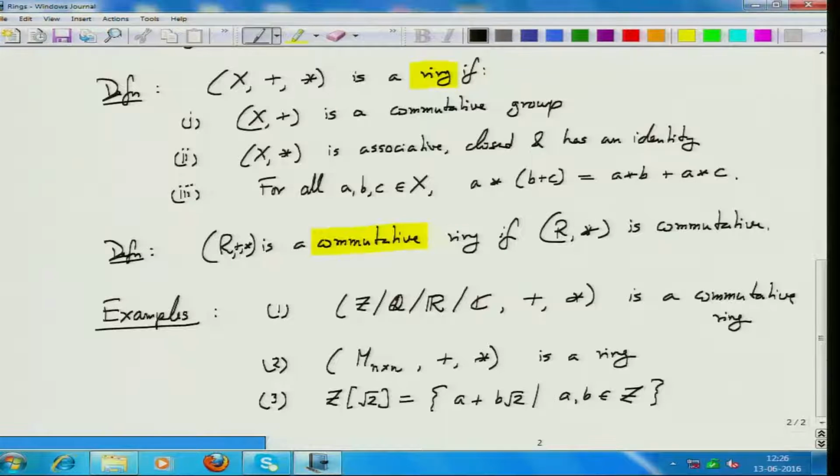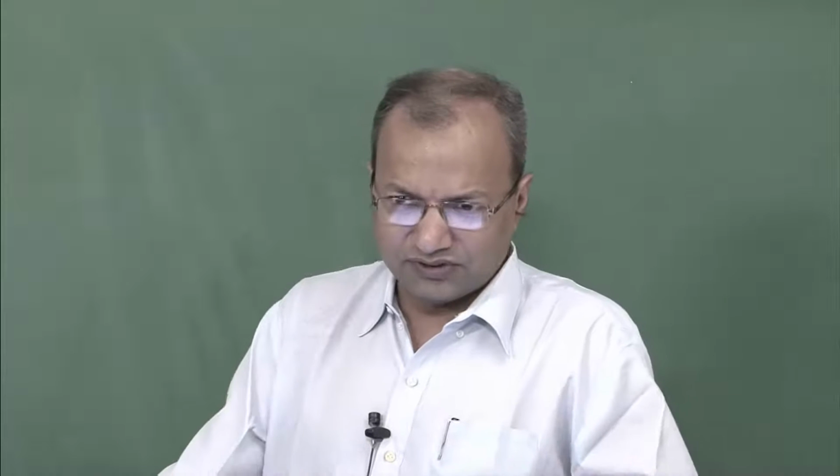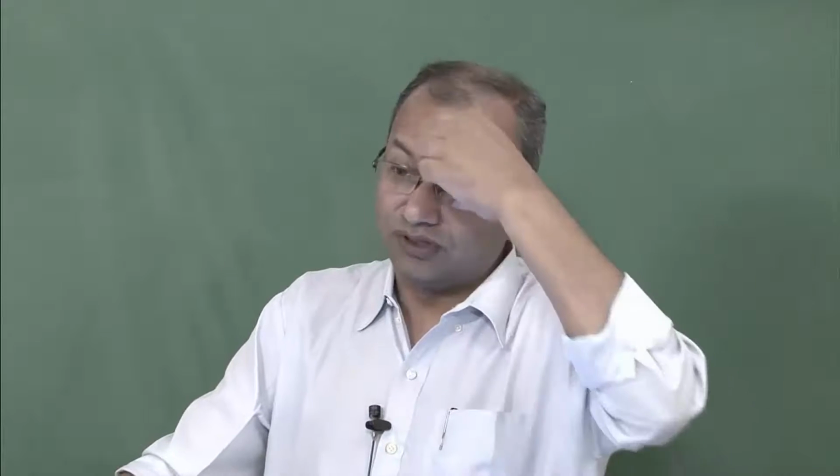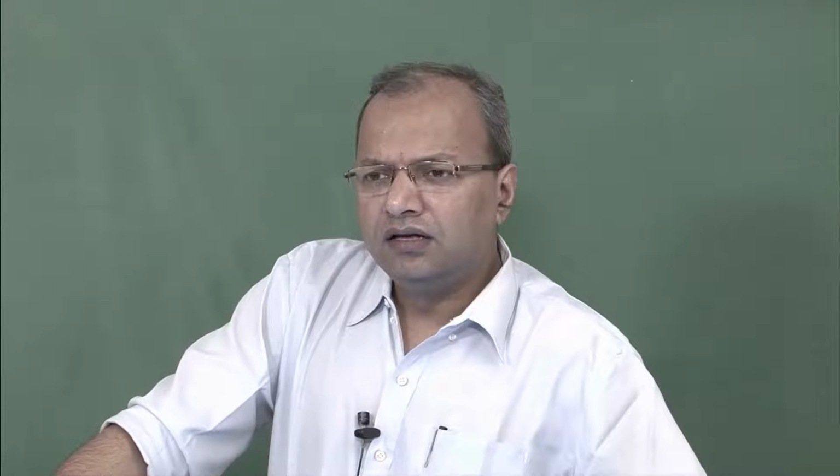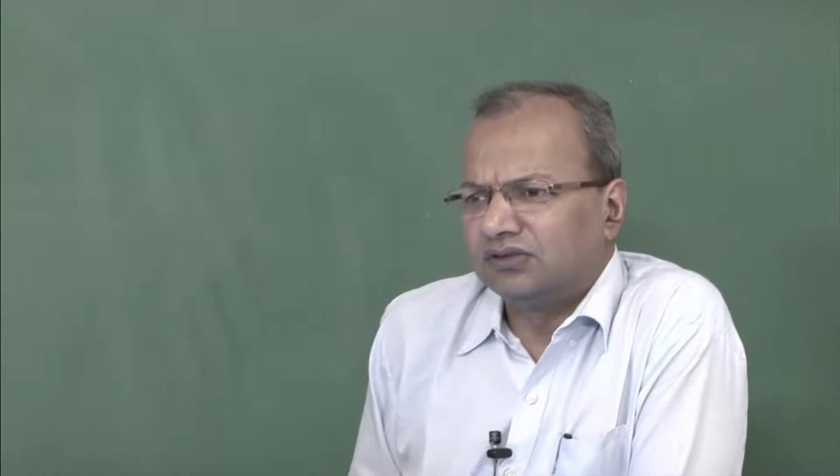How about the multiplicative property? The identity is 1 for multiplication. It is closed under multiplication. When you multiply two such numbers, you will get another number of the same kind. It is clearly associative just by virtue of these being real numbers. And similarly, the distributivity property also. So it is a ring. In fact, instead of root 2, I can have something else also. I can have root 3.